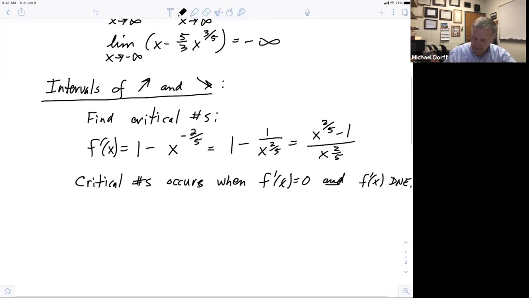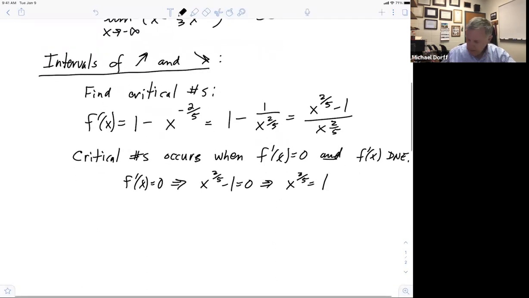So in this case, f prime of x equals 0, that's going to imply then that x to the 2/5 minus 1 equals 0, right? Which is going to mean that x to the 2/5 equals 1, which is going to give me then that x equals plus or minus 1.